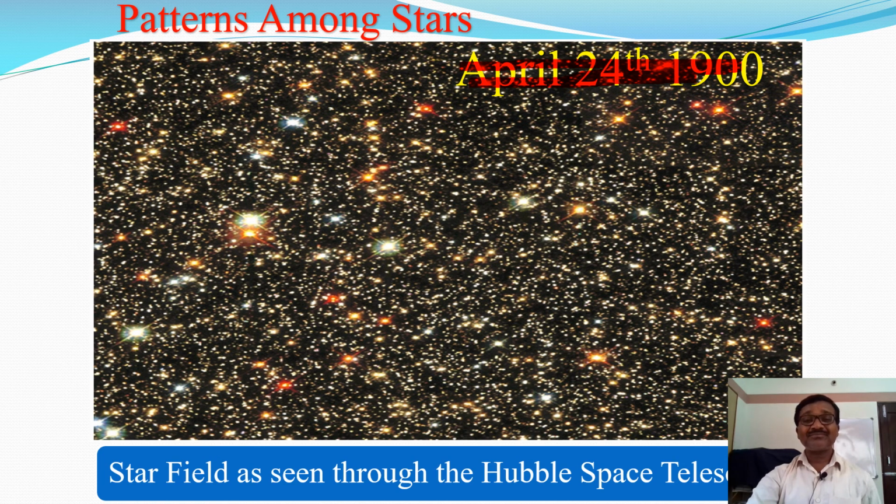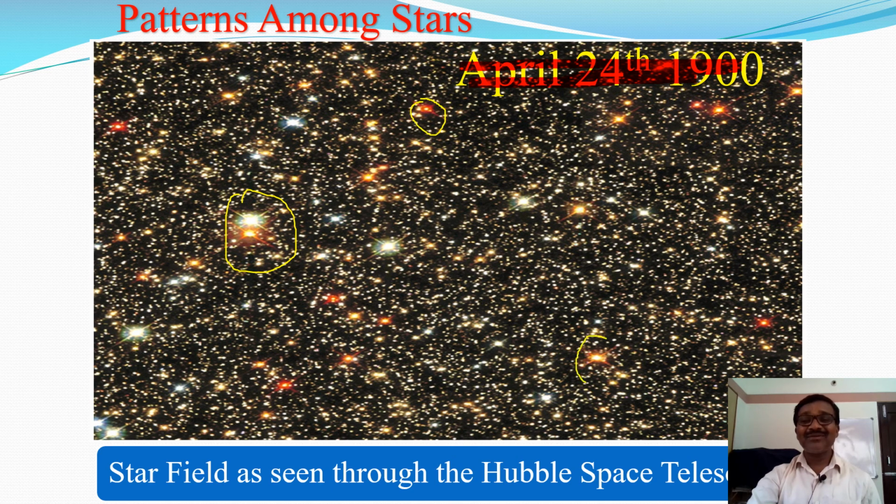See this picture, there are stars having different colors. Some stars are blue in color, see this is one, and have higher mass. Some stars are red in color, a tiny star.